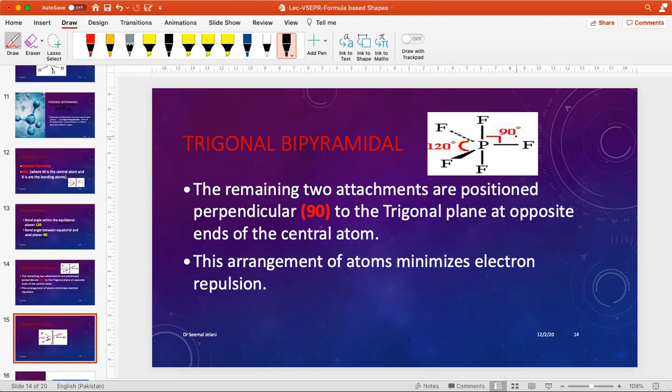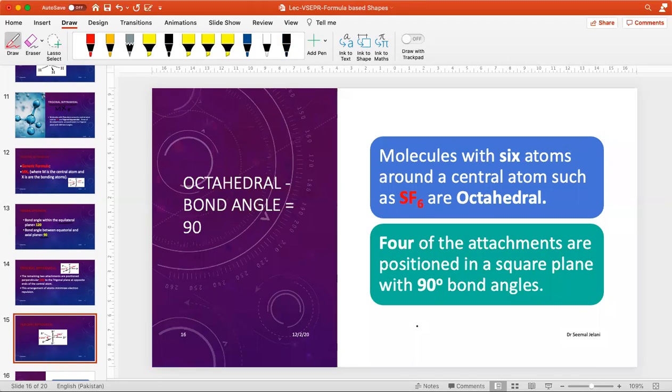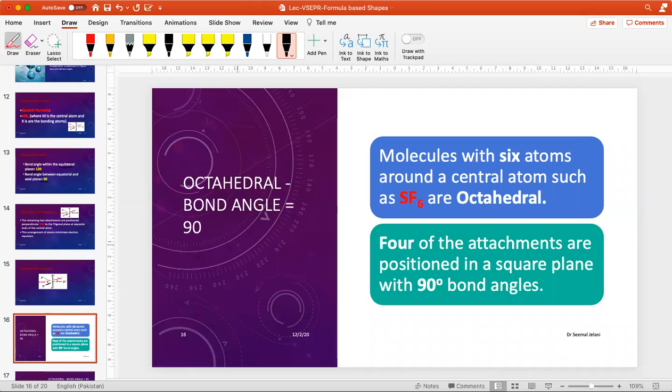Next we come to octahedral, and in this all the bond angles are of 90 degrees. If you take the formula, it will be MX6, right?